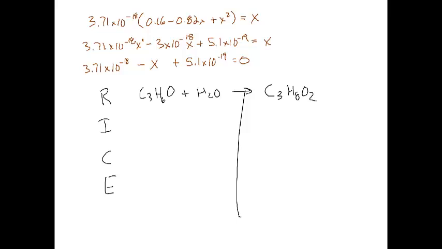All right, so my initial is, like we said, and some of this is still reacting, right? So I'm losing x and gaining x. But now, if x is really small, 0.5 minus something times 10 to the negative 18th, what can we consider that to be?